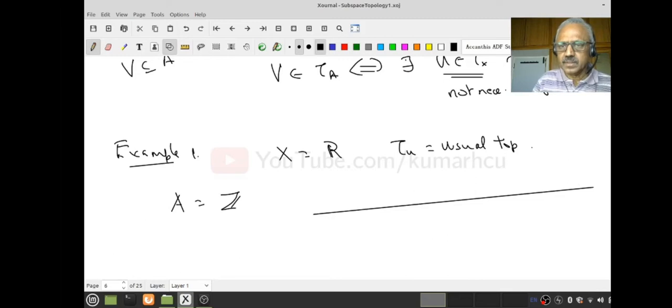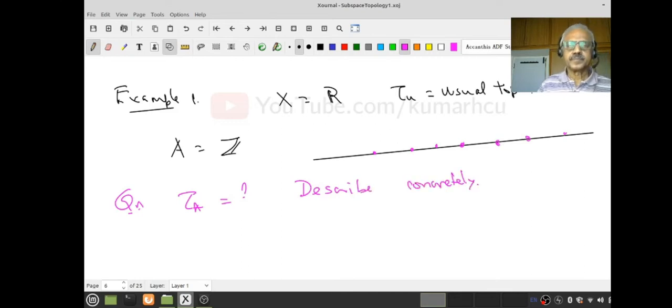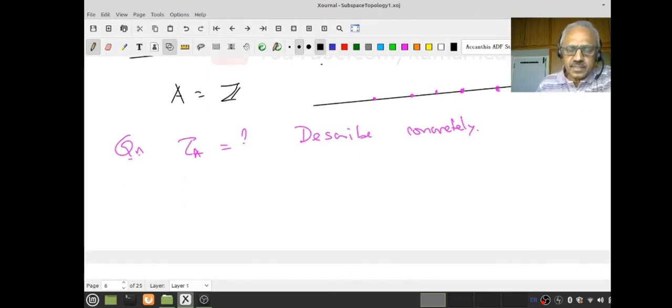So I have this, and these are my integers, etc. Now I want to know what is the subspace topology on Z. What is tau A? The question is, describe it concretely. That's very easy.